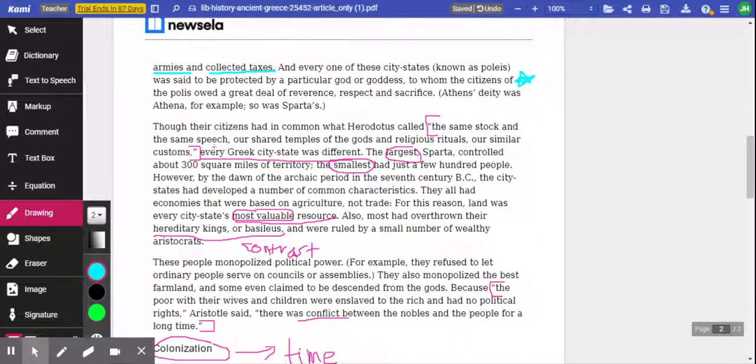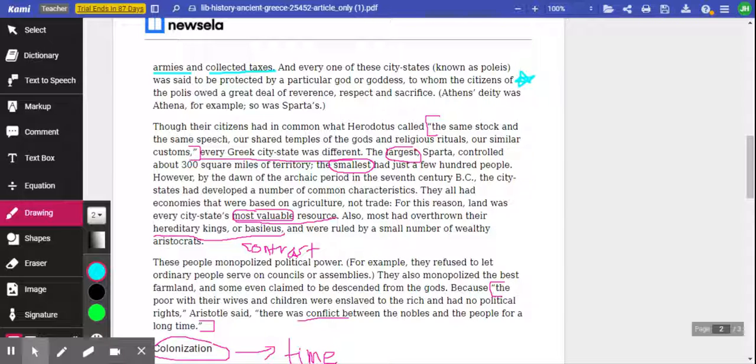Though their citizens had in common what Herodotus called the same stock and the same speech, shared temples of the gods and religious rituals, and similar customs, every Greek city-state was different. The largest, Sparta, controlled about 300 square miles of territory. The smallest had just a few hundred people.